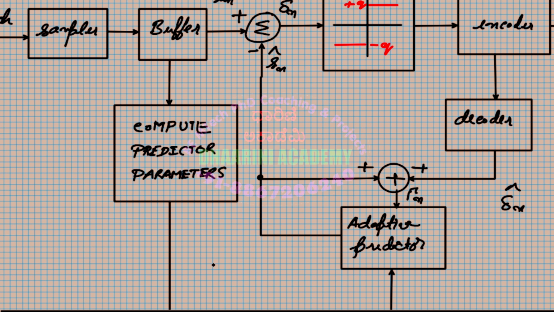It calculates the SN cap, which is the approximation or a prediction value, the result of the adaptive predictor, which uses the encoder's output fundamentally. Very similar to the previous discussion, right? The only thing is that we use an adaptive predictor over here for the prediction purpose, which generates the predicted value. Is that okay? All right.